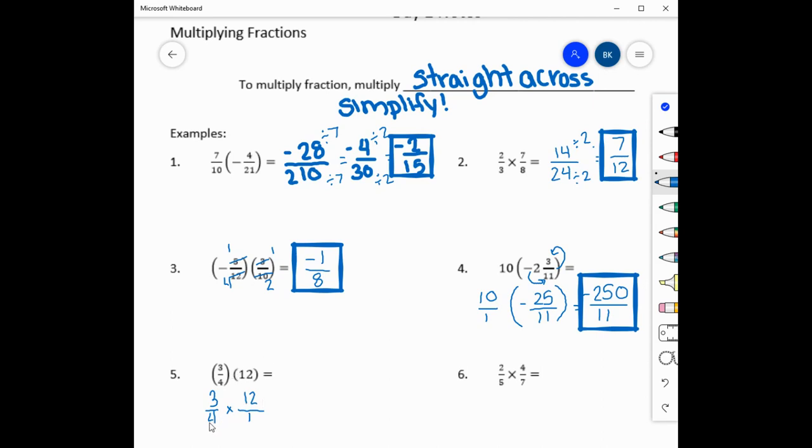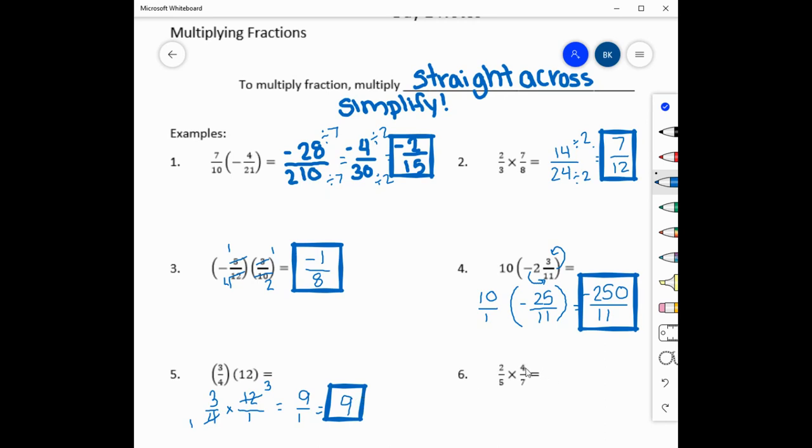If we go diagonally, 4 and 12, we can take out 4. So we get 1, and then 12 divided by 4 is 3. Multiply straight across. 3 times 3 is 9. 1 times 1 is 1. And this simplifies just to give us the number 9.